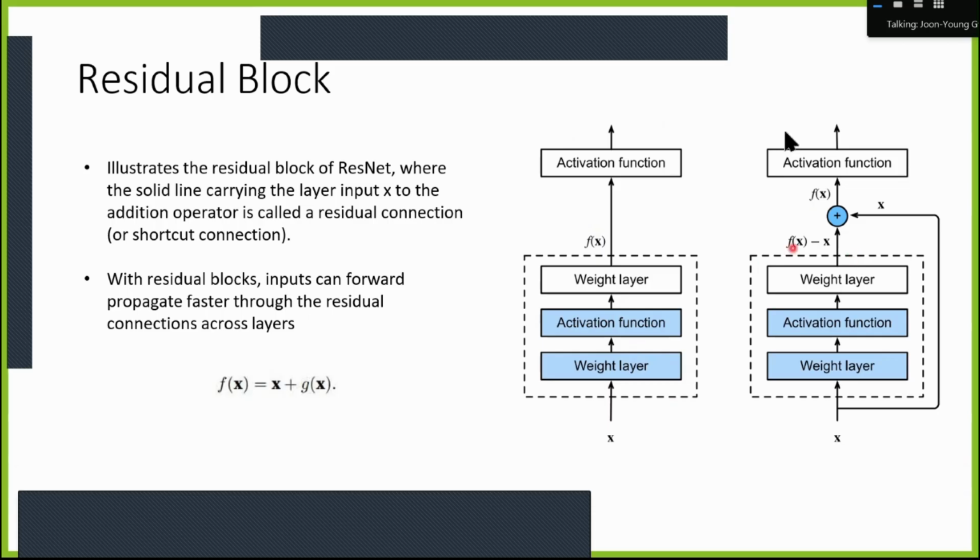Whereas in the right diagram, the input is the same component of the weight layer, the same block, is not trying to learn the f of x, but instead trying to learn f of x minus x.